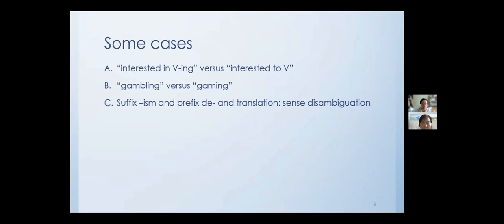The second is about gaming and gambling in terms of their usage. And the third one is about translation alternatives and sense disambiguation, the use of translated text to disambiguate the two affixations. One is prefix and the other is suffix.